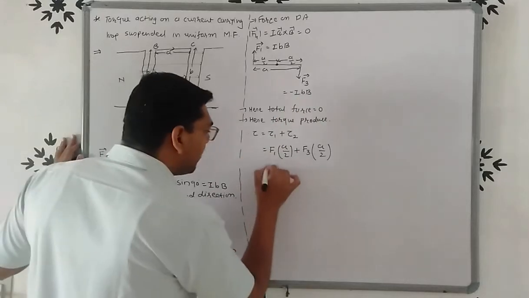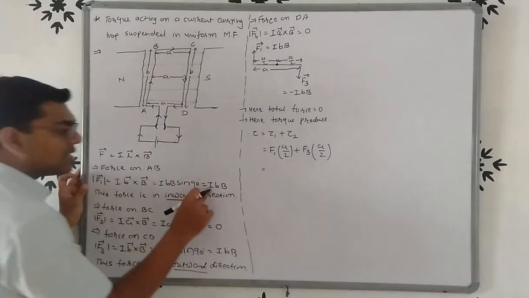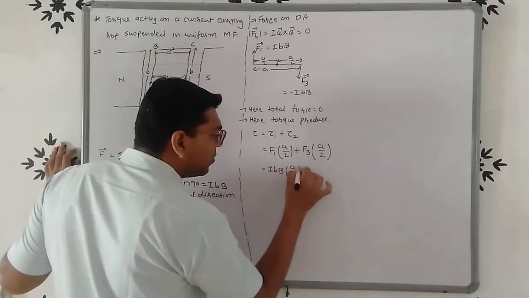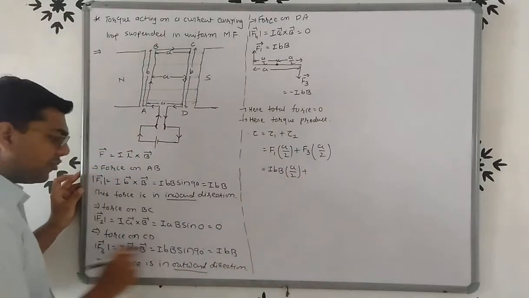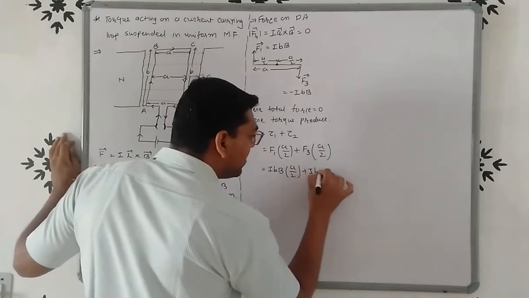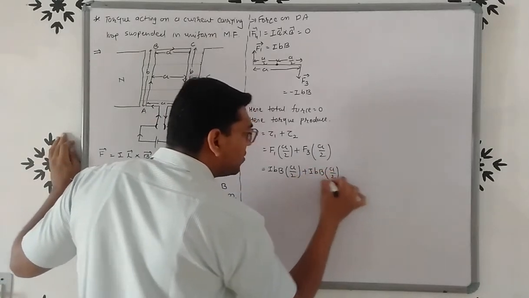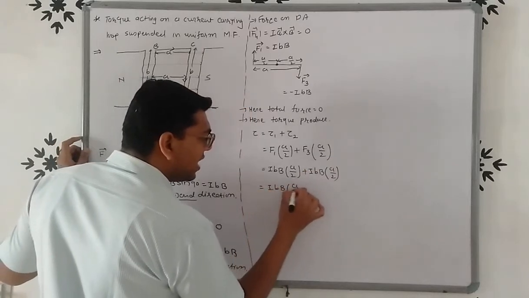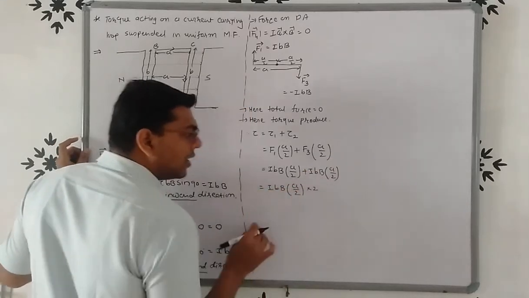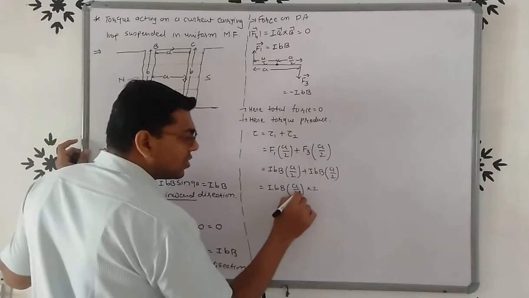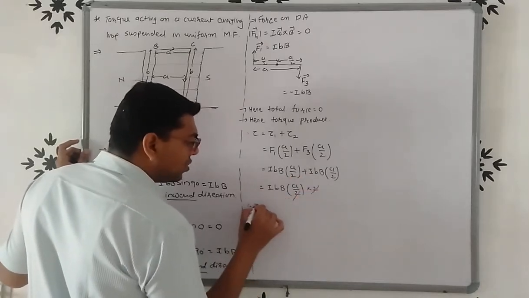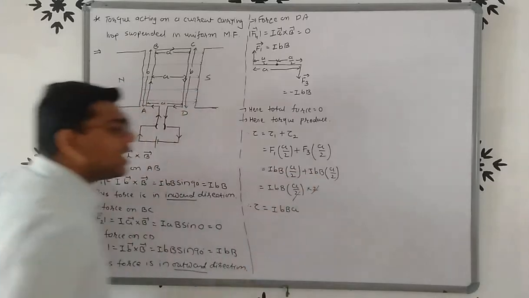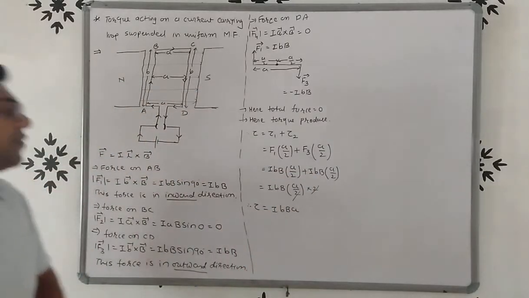The value of F1 is I small b capital B into a by 2, plus the magnitude of F3, which is I small b capital B into a by 2. So the total torque will be I small b capital B a by 2 into 2, right? Because there are 2 times, the 2 cancels. So torque tau is equal to I small b capital B into a, right? But friends, see here.